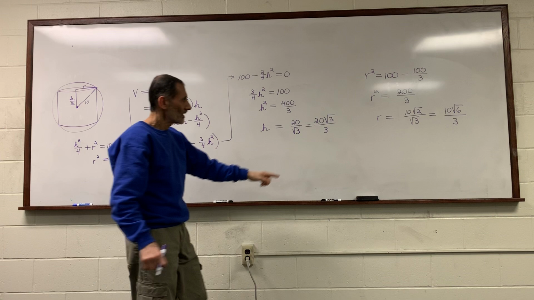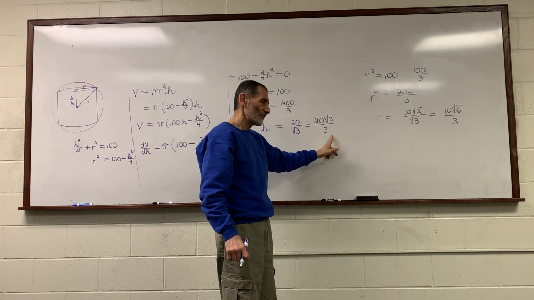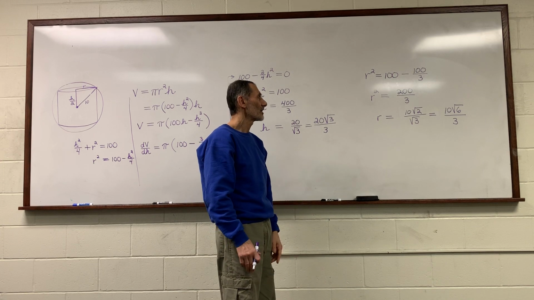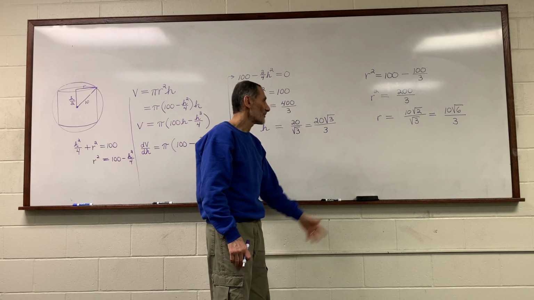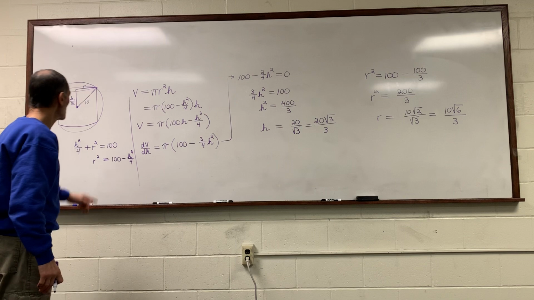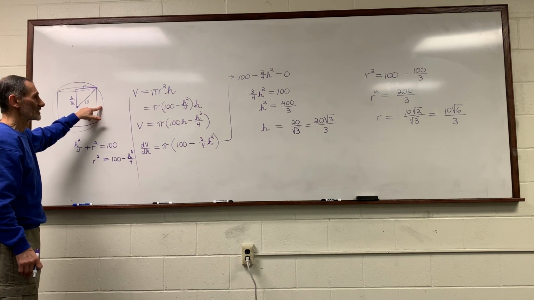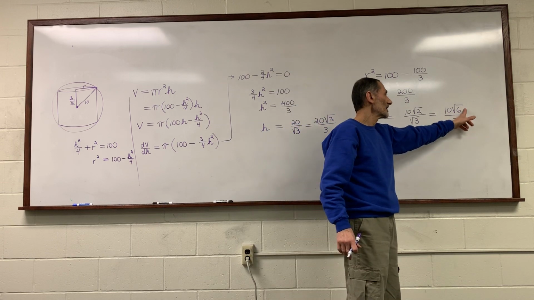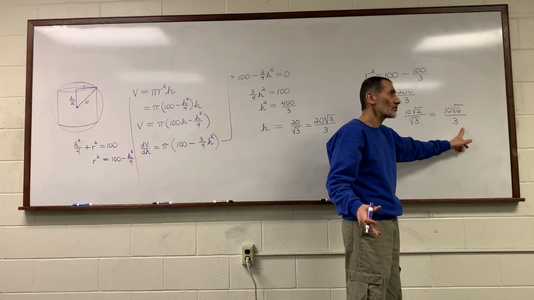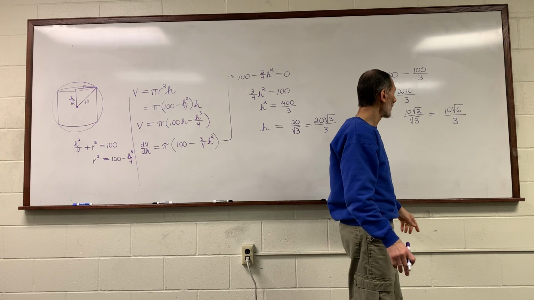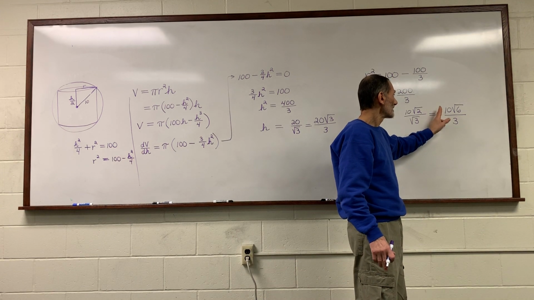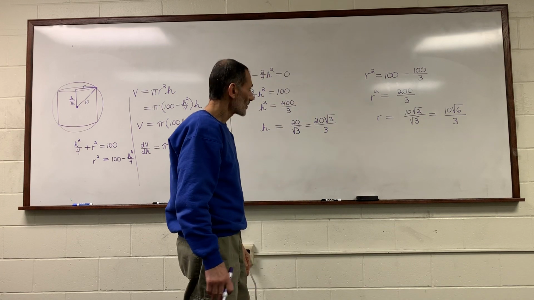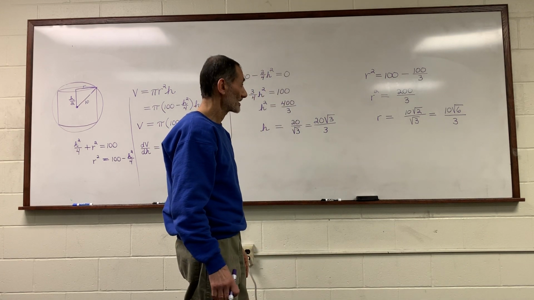Well, again, the square root of 3 divided by 3 is less than 1, so 20 times that is less than 20. And the radius, of course, would have to be less than the radius of the sphere itself. It would have to be less than 10. And the square root of 6 is definitely less than 3, since the square root of 6 is a little less than 2.5. So 10 times the square root of 6 over 3 would be less than 10. So the answers make sense at the very least.